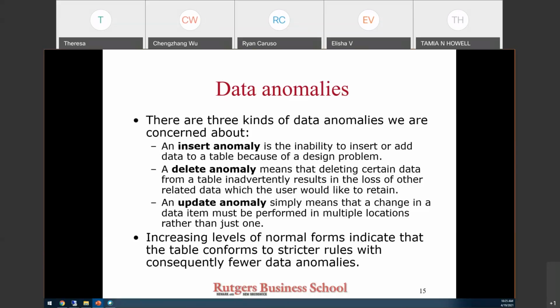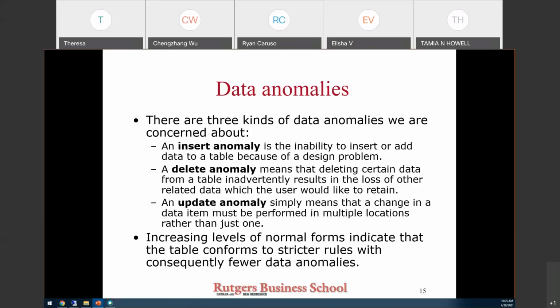An insert anomaly is the inability to insert or add data to the table because of design problems. A delete anomaly means that deleting certain data from the table inadvertently results in the loss of other related data which the user would like to maintain.